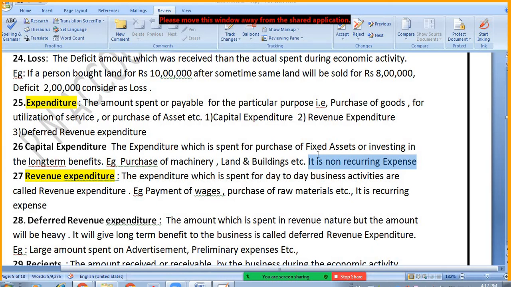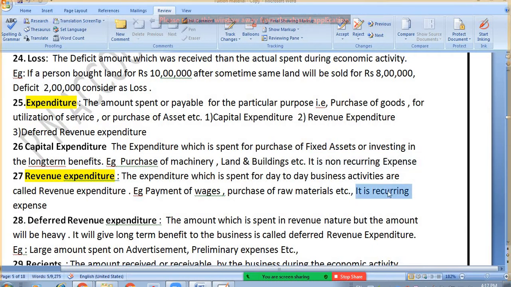For this reason, it is considered a non-recurring expense. But coming to revenue expenditure, it is recurring in nature.